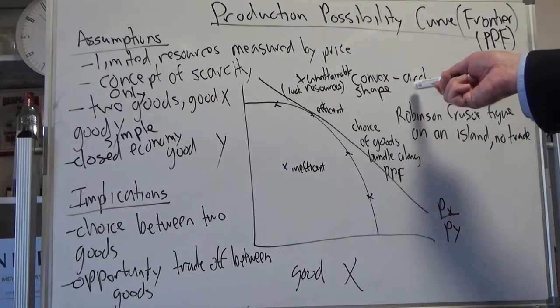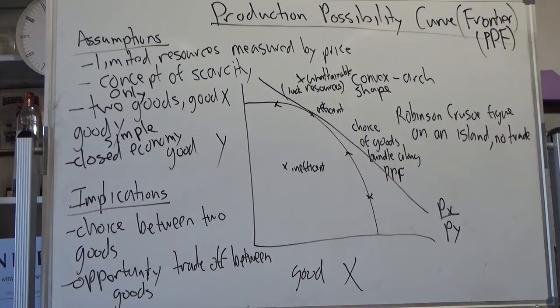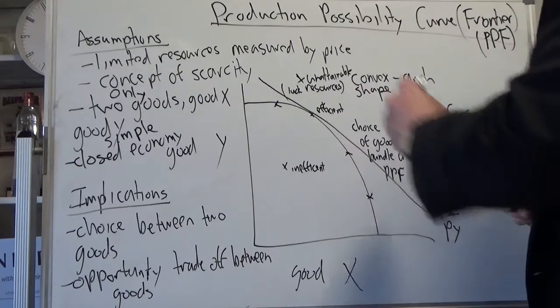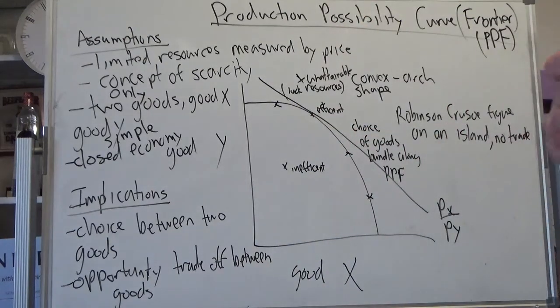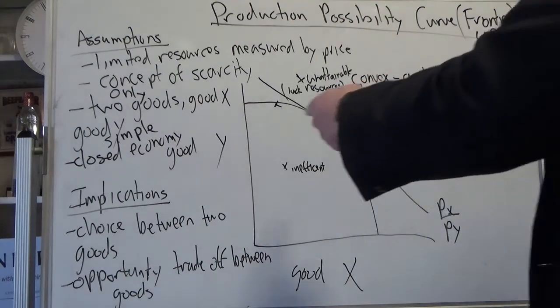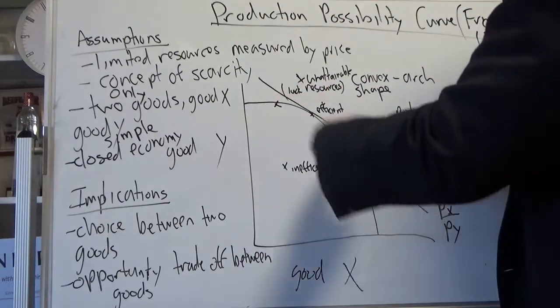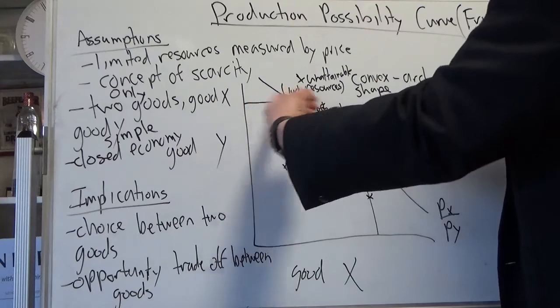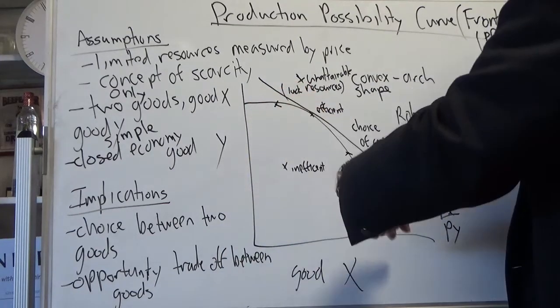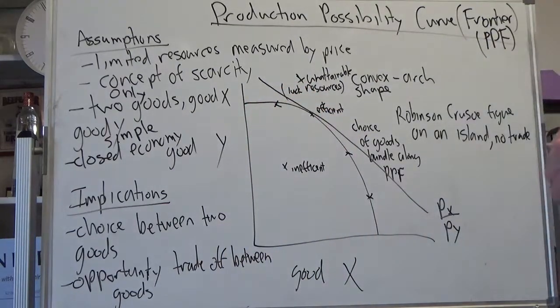In Latin that means arched. You might see concave diagrams shaped that way in other diagrams; concave is Latin for cave, but arch will help you remember. Think of an arch on a cathedral in Europe. It'll help you know the shape of the diagram.